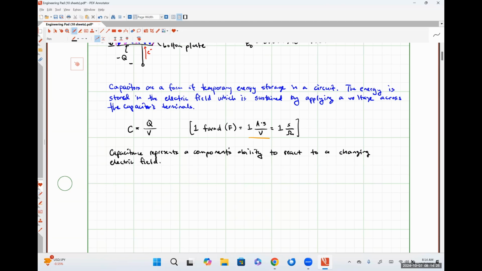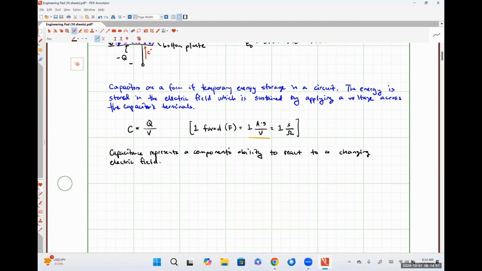So again, we have something that's very similar to what we saw with inductance, where inductance was a response to a changing magnetic field. Capacitance is a response to a changing electric field, okay? Feel like I'm forgetting to mention something, but I can't think of what it is. So we'll move along from here, and when it pops into my head later, we'll sort it out.